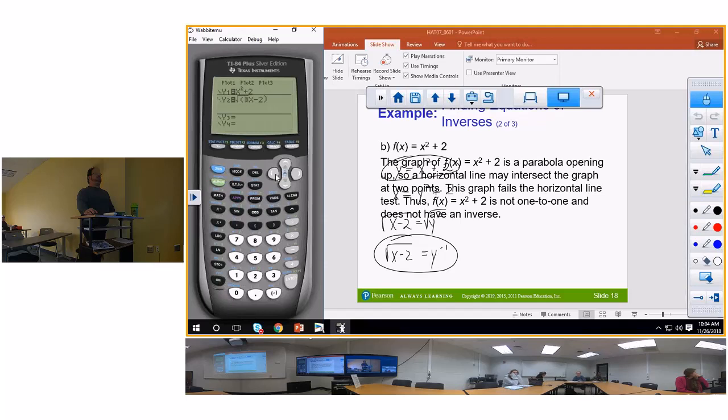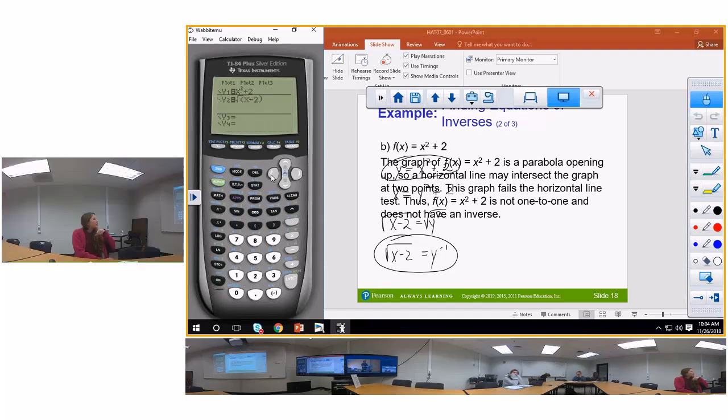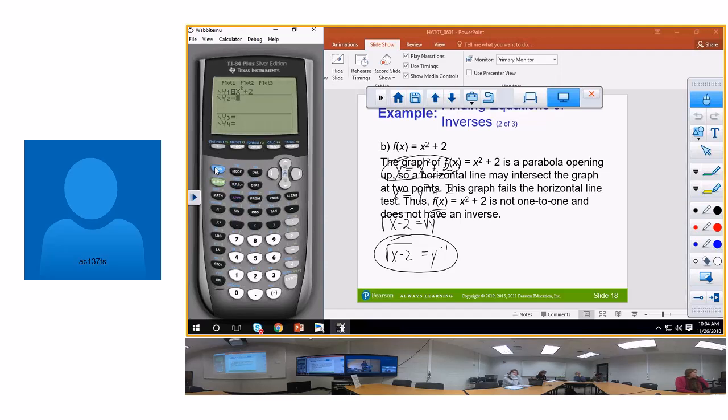Oh, it's because you didn't write it under there. I thought I already did, but it was outside of it. Square root, second, square root, x. Okay, I guess me using parentheses is not correct. x minus 2. There we go.